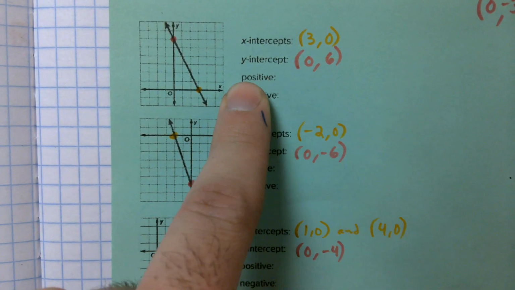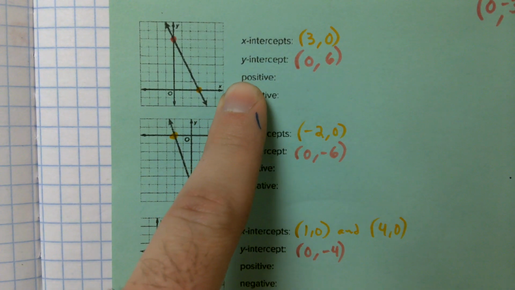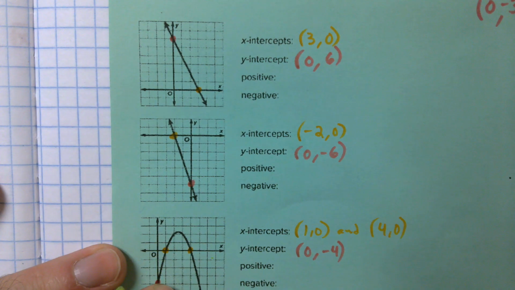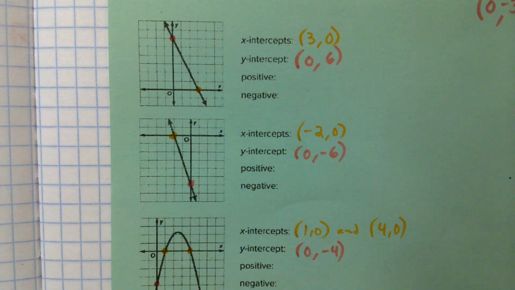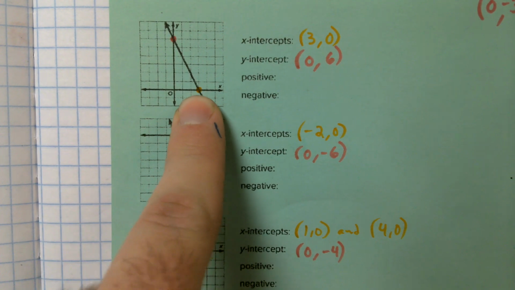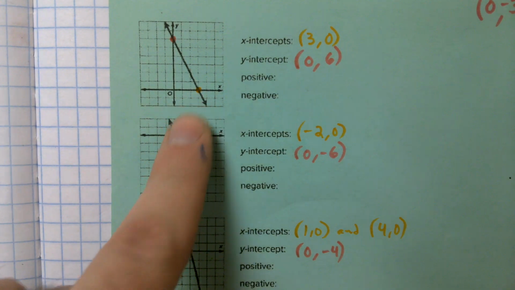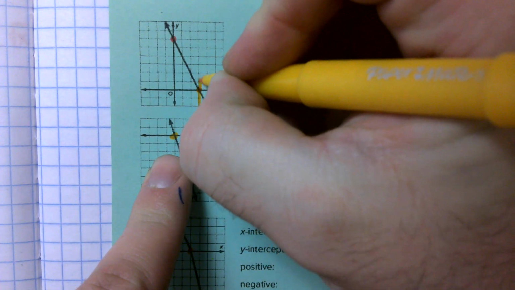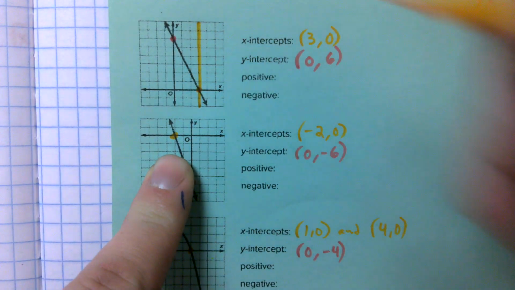So I know that a function is positive when it's above the x-axis. So what I'm going to do is find my x-intercept, and draw a vertical line through it. Okay, everybody do that real quick.